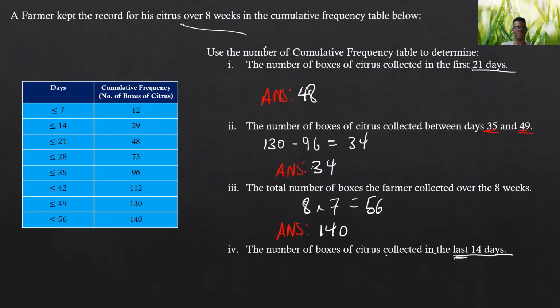Right, close, but no. You're telling me 49 and 56, but no. Let me see if anybody can figure out why she's wrong. Why not 49 and 56?